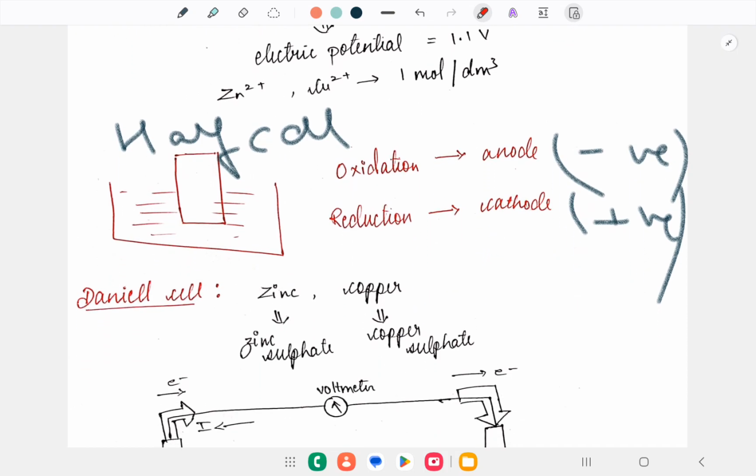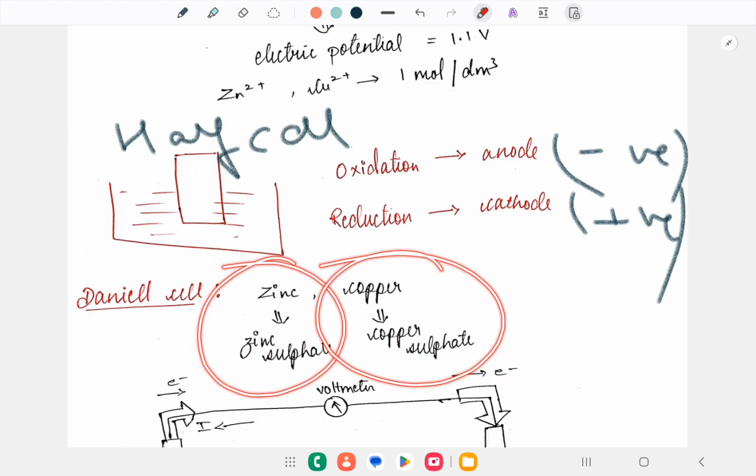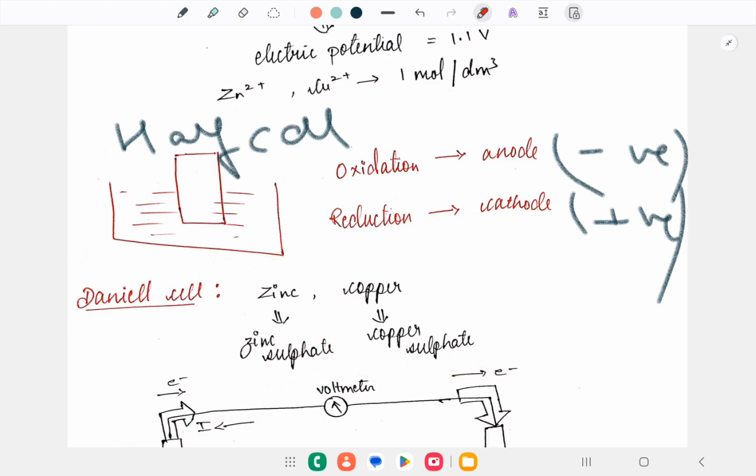Now we will study the Daniell cell. This cell consists of two metals or electrodes, zinc and copper. The zinc rod is placed in the zinc sulfate solution and the copper rod is placed in the copper sulfate solution. Each makes up a half cell, and the two solutions are connected by a salt bridge.